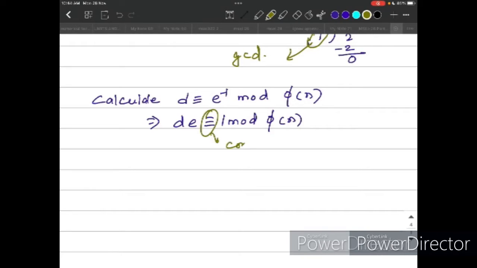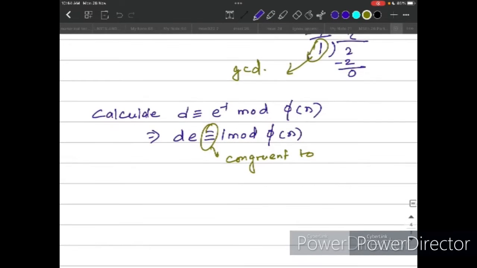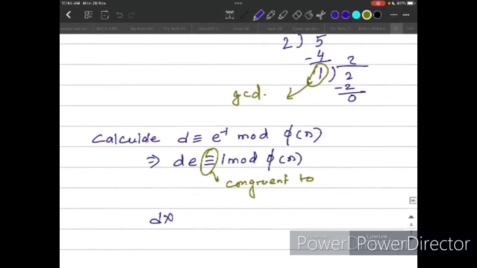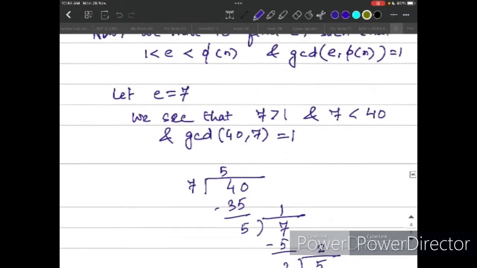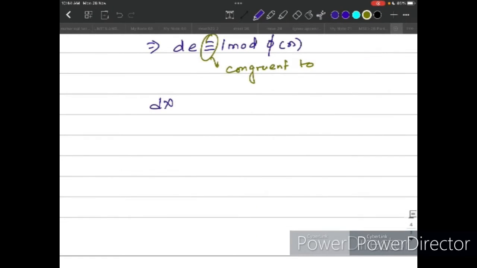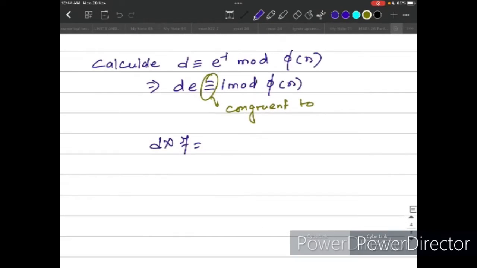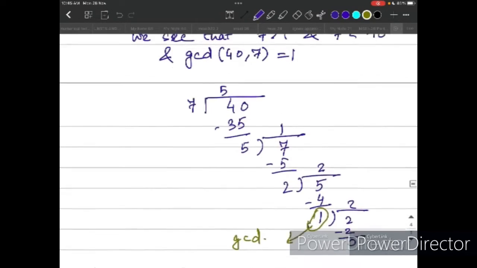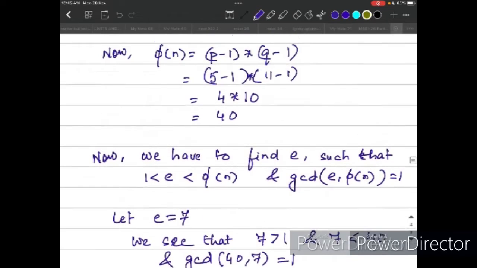Now this symbol, you know what is this symbol? This one is congruent to. Okay. Now D is how much? D we do not know. So D into E. E is I think 7, equal to 1 mod phi of n.